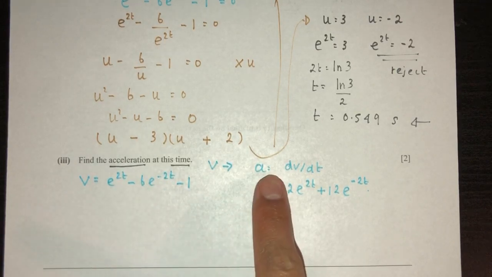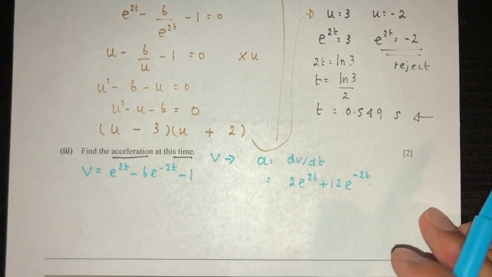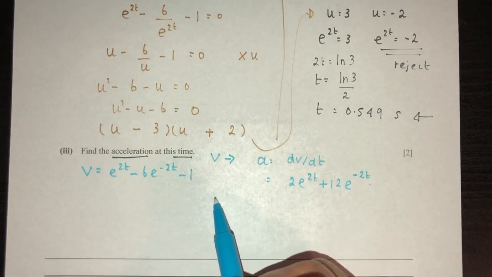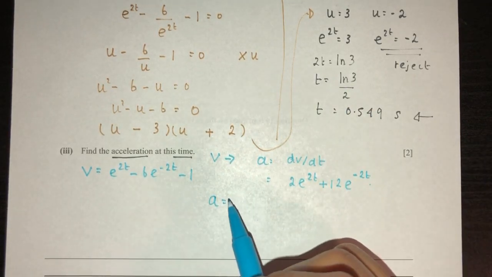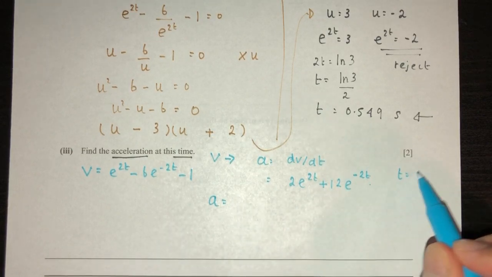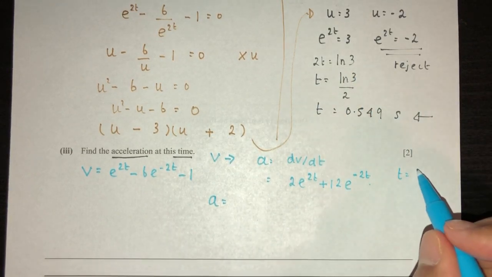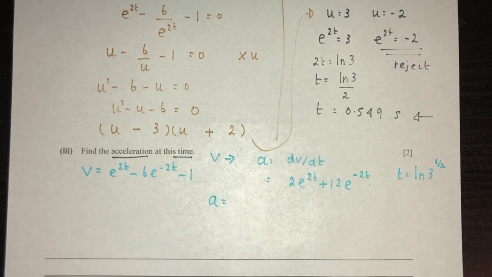So dv by dt, which is a, is equal to this one. Now we have to find the value of a when t is equal to this. So t was equal to ln 3 to the power half, so let's replace the values.